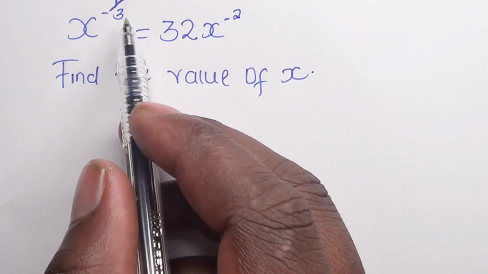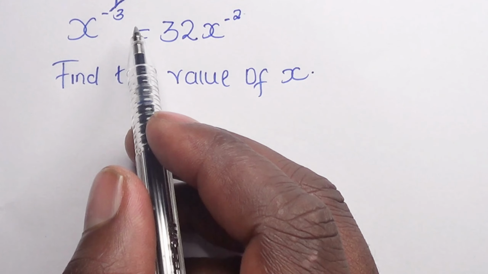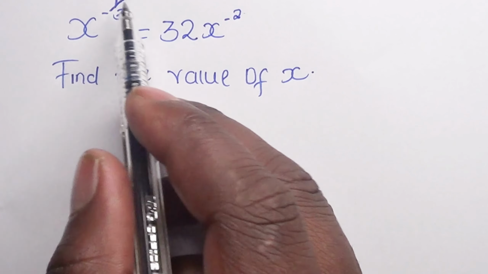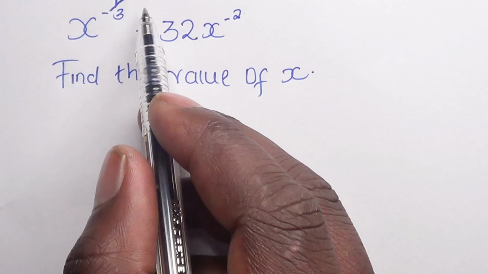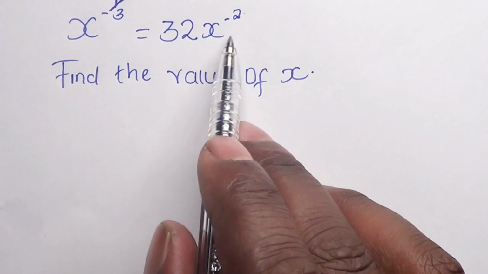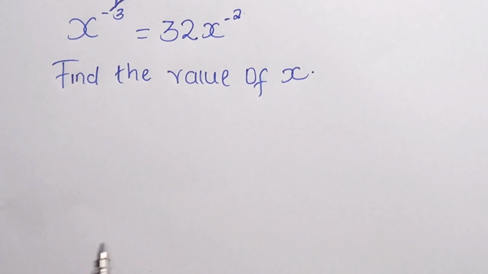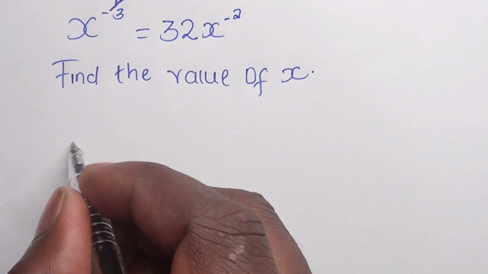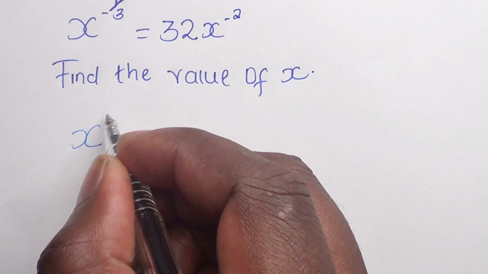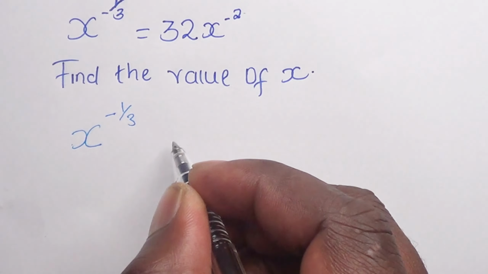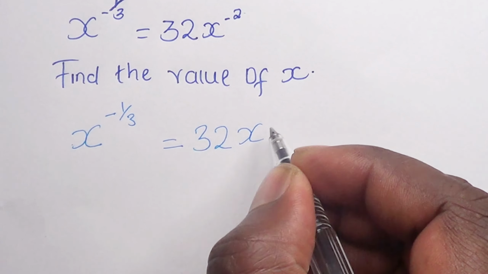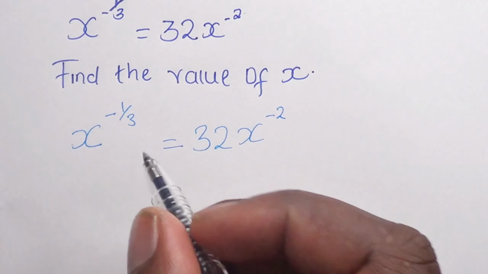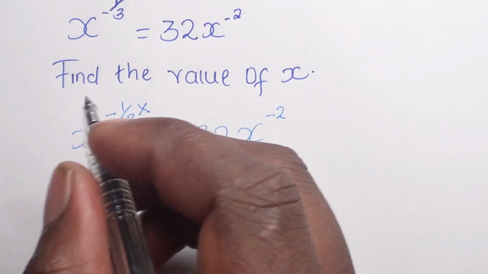This negative 1 over 3 means it is the negative of the cube root, okay? So for us to remove this negative cube root here, we multiply by negative 3, and we also multiply on the other side by negative 3. So it will be x to the power negative 1 over 3 equals 32x to the power negative 2.